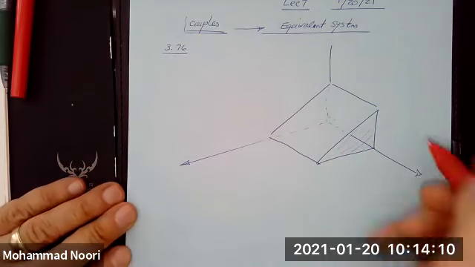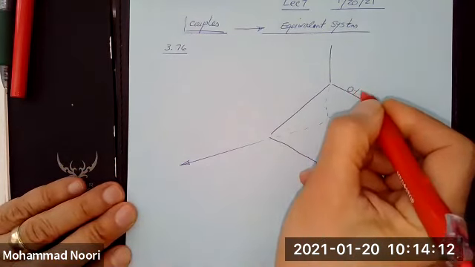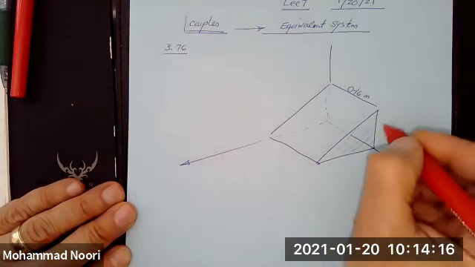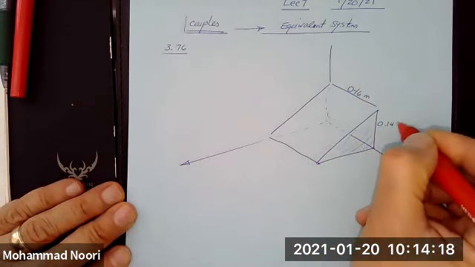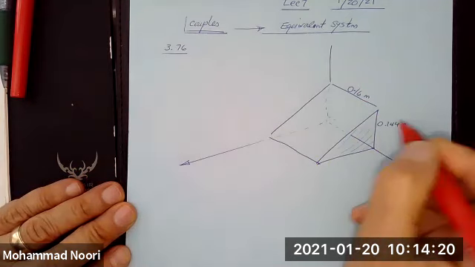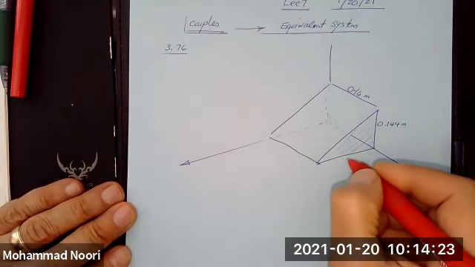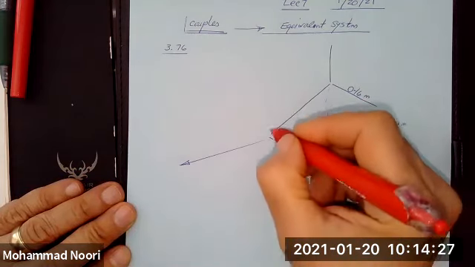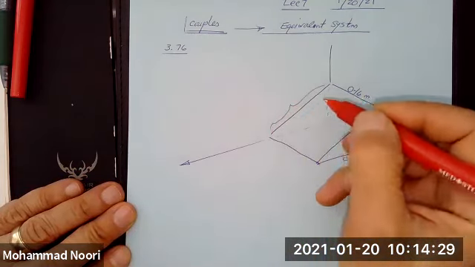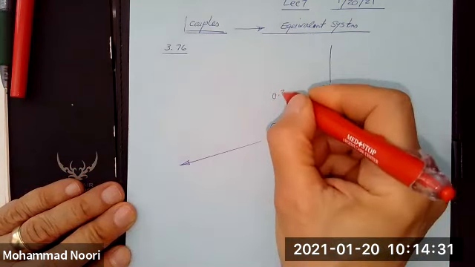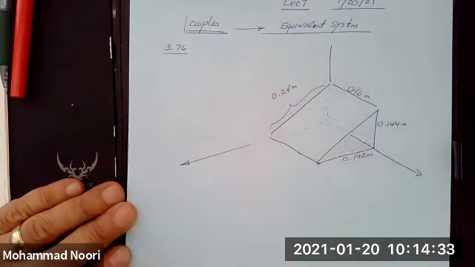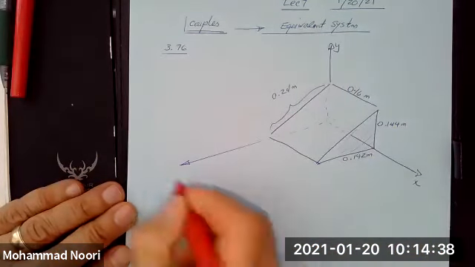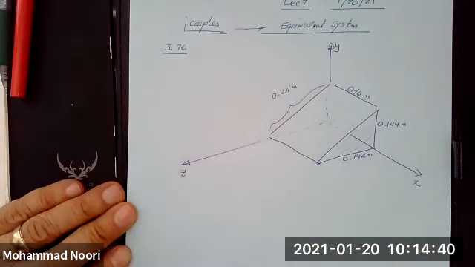All right, these dimensions are given. This is 0.16 meter. This side is 1.144 meters. This side is given 0.192 meters, and the length of this inclined side is 0.24 meters. Okay, so this is X, Y, and Z axes.